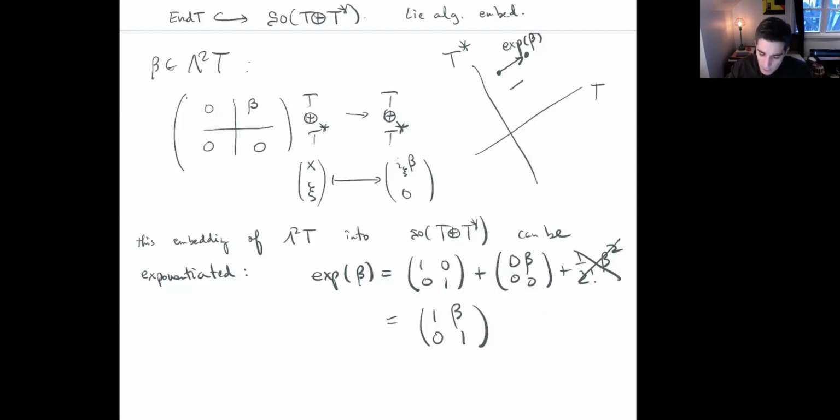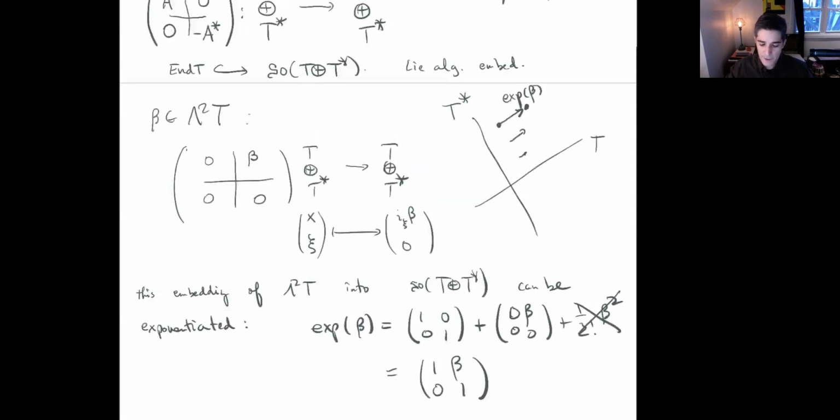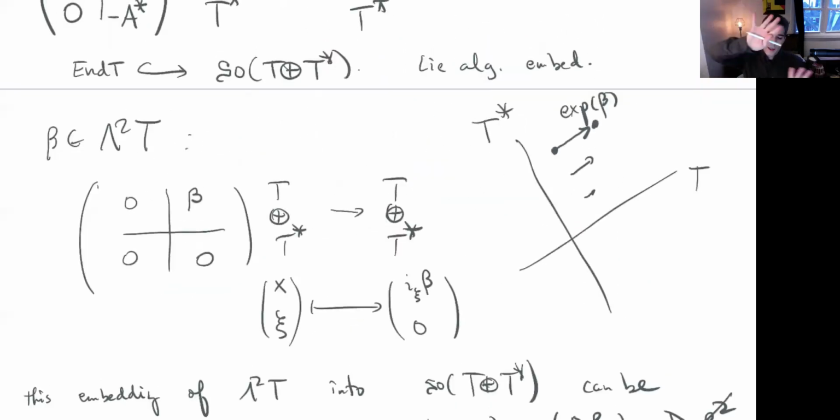So exponential beta has this shearing behavior of taking T plus T star elements and moving in the T direction. So the T star is not preserved. It's moved, potentially to another location within the bundle.